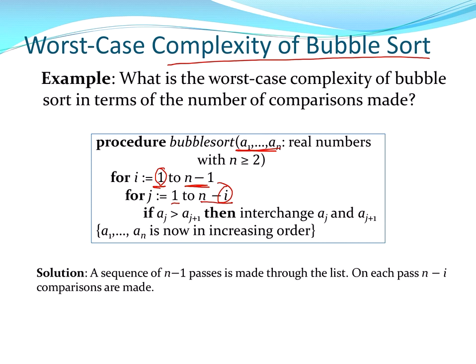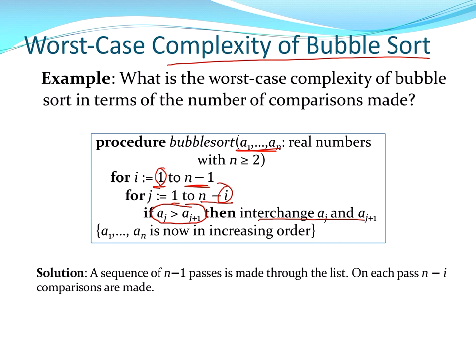All right, what happens in that loop? We're counting comparisons, and there's only one comparison inside of that inner loop, and that's a sub j greater than a sub j plus 1. If so, we do the exchange. If not, we leave them alone. And we go to the next iteration of j.